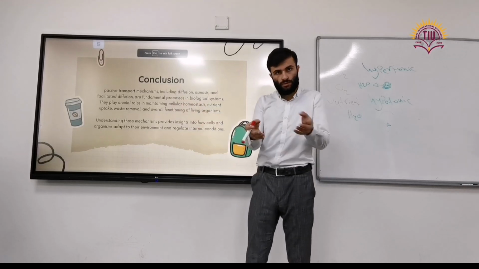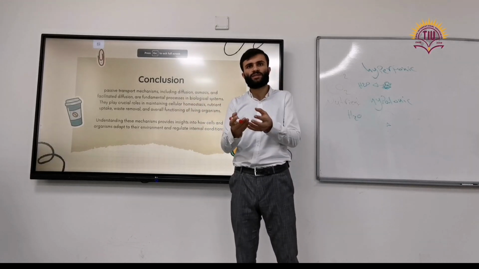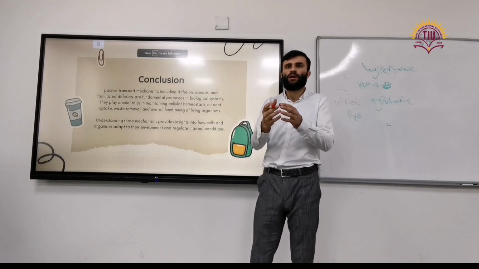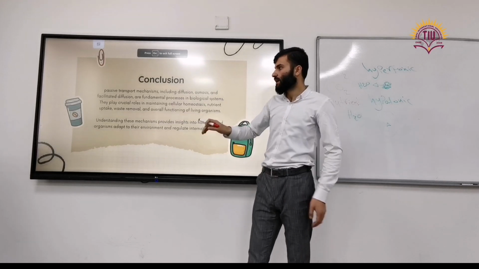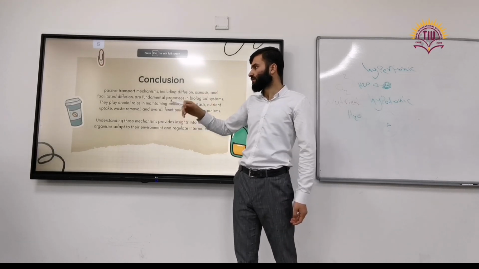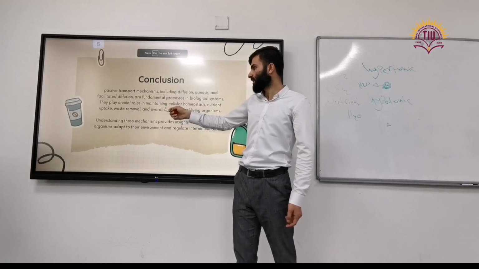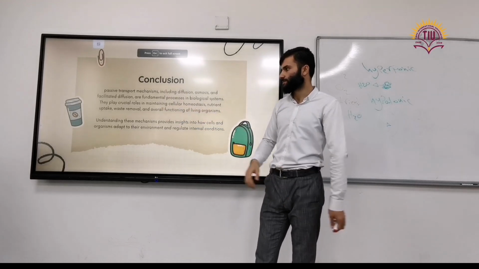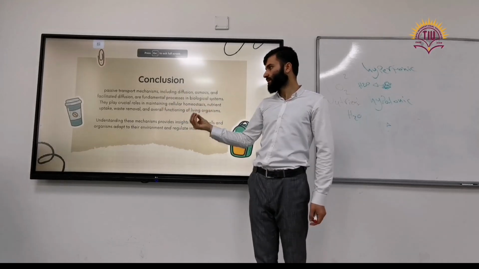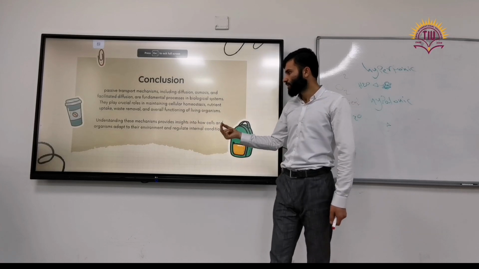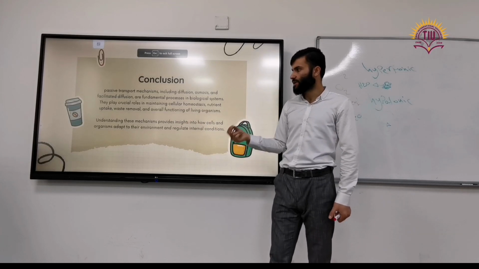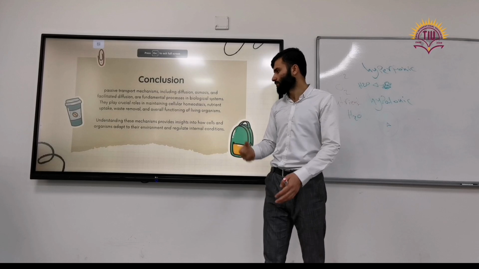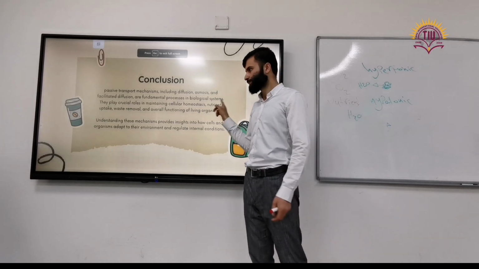And of course, as I mentioned, our cells have ways to go to outside, and the overall function of living organisms. So understanding this mechanism provides insight into how cells and organisms adapt to their environment and regulate internal conditions.